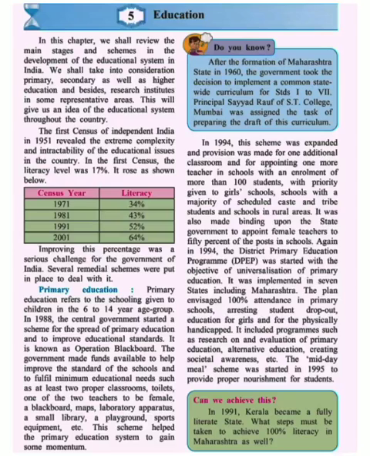Again, in 1994, the District Primary Education Program, that is DPEP, was started with the objective of universalization of primary education. Now what do you mean by universalization? Universalization is universal, that everyone should get the opportunity of education.